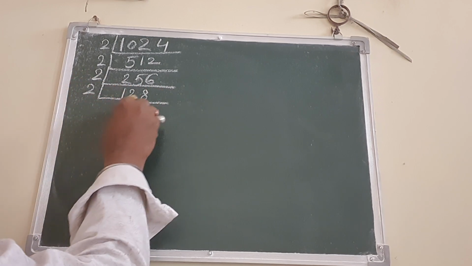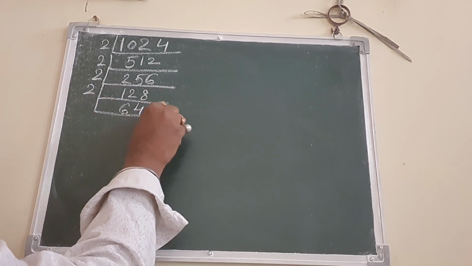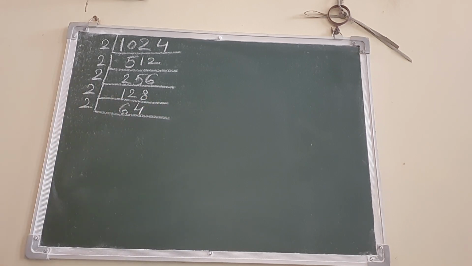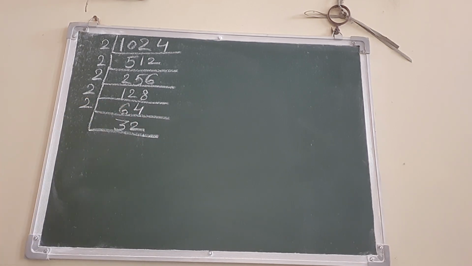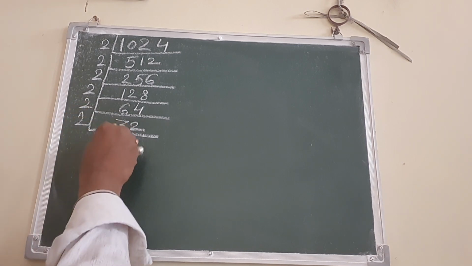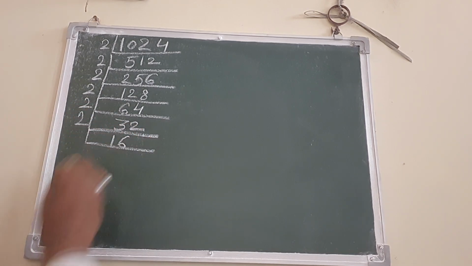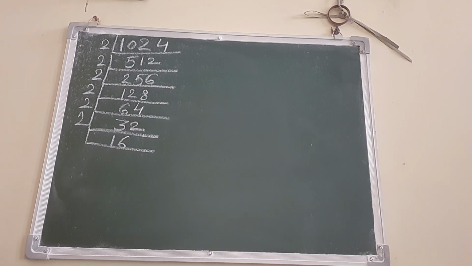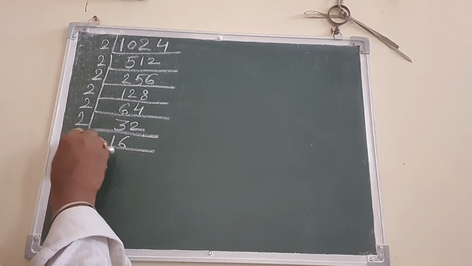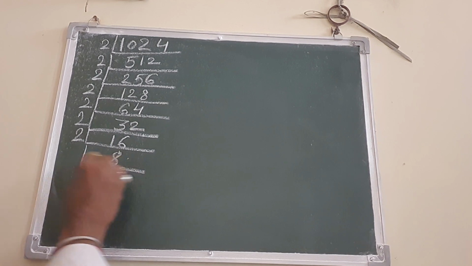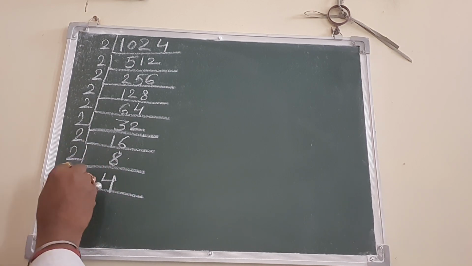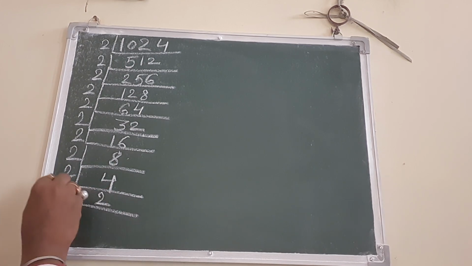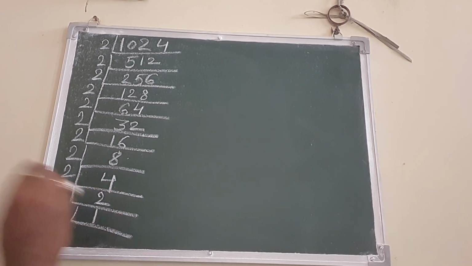Again dividing by 2, it is coming out to be 64, then 32, then 16, then 8, then 4. Again dividing by 2, and finally it is coming out to be 1.